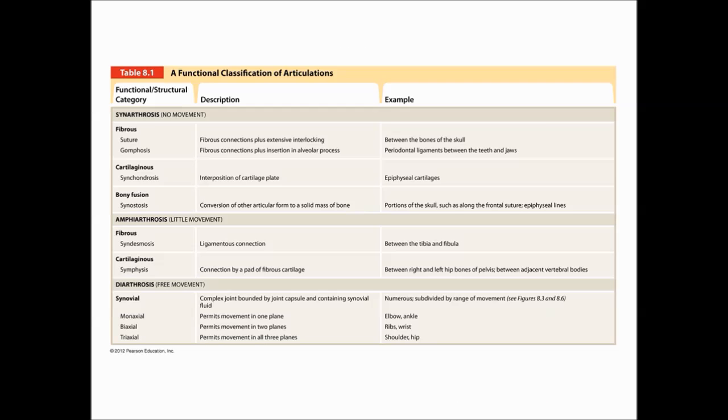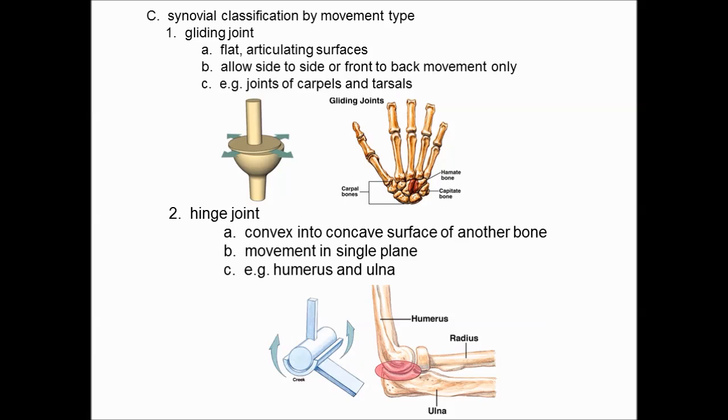So here's a nice table that summarizes the different groups of joints functionally, and also gives you some examples of each. Another way we classify synovial joints is by the type of motion that they're characterized by.